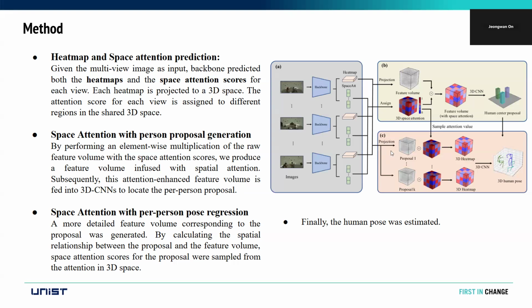By calculating the spatial relationship between the proposal with the feature volume and the attention score of the proposal, they can create a more detailed feature volume corresponding to the person proposal. Finally, they can estimate the 3D human pose.